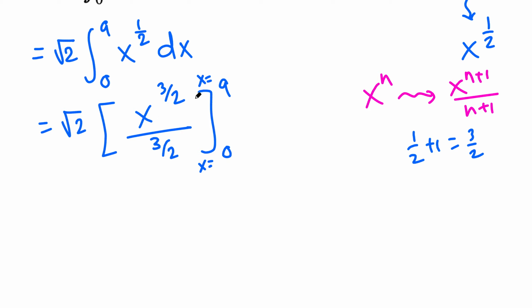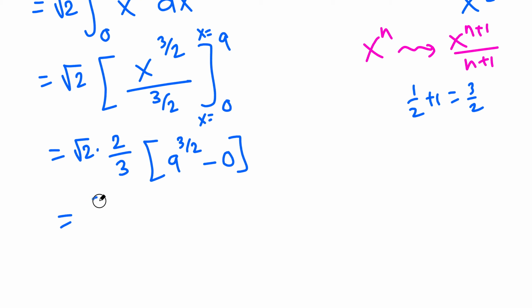Whatever the variable, it could be t or v. So 3/2 can be pulled outside. So root 2 already outside. 3/2 is just flipped to 2/3, because this is on the bottom. Now upper limit 9, replace x by 9. 9 raised to 3/2 minus lower limit 0 raised to 3/2, and 0 raised to any number is just 0.